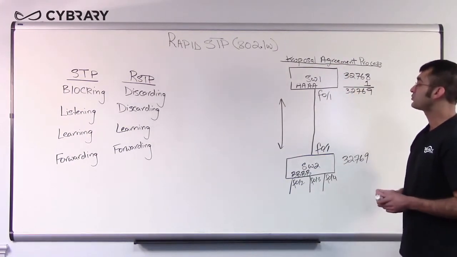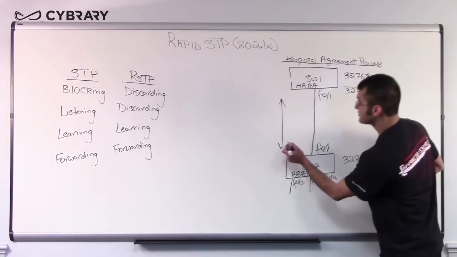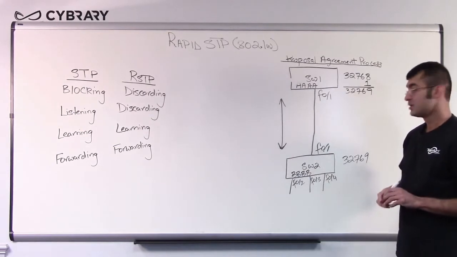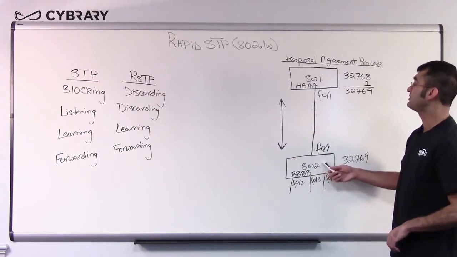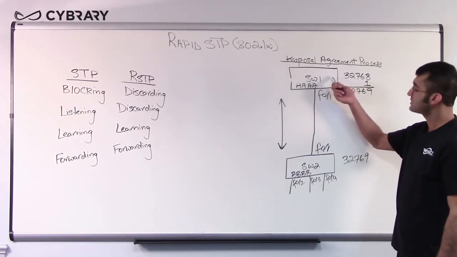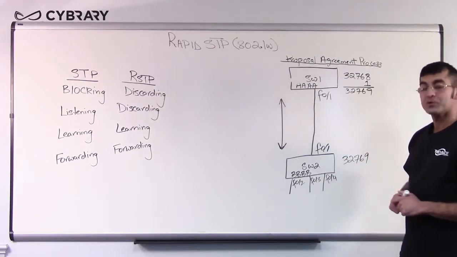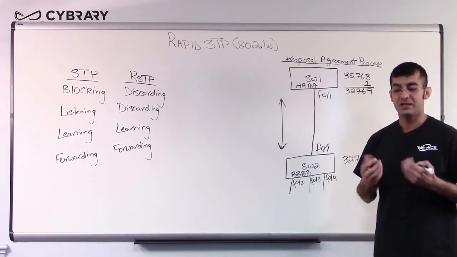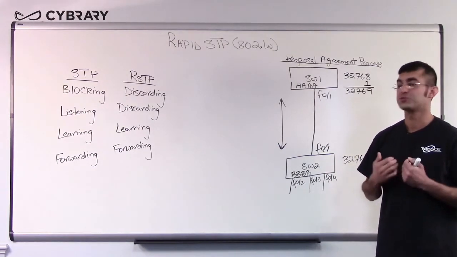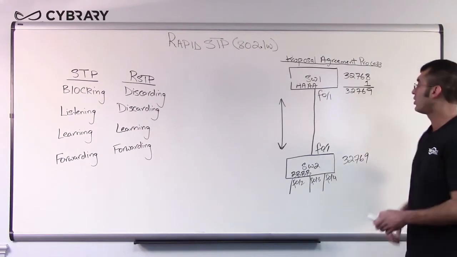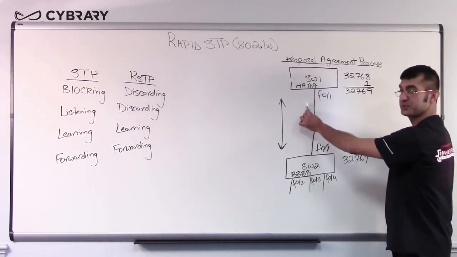Now, each one of these switches sends itself, upon power up, a proposal BPDU. So switch 2 sends a proposal BPDU to switch 1, and switch 1 sends a proposal BPDU to switch 2. In the proposal BPDU, the switch is actually claiming that it will have the designated port on this segment between switch 1 and switch 2.